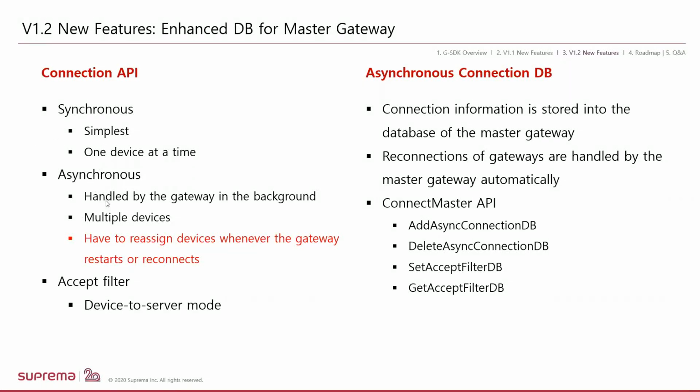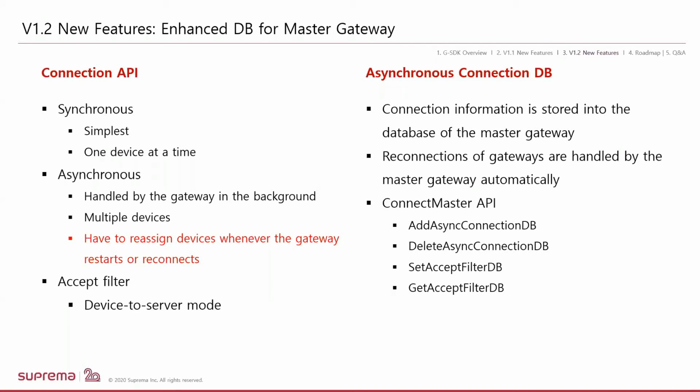And as I said earlier in the Java code example, we provide asynchronous APIs, and they can handle device connection automatically in the background. But the problem is, even though we can handle device reconnection, it cannot handle gateway reconnection.